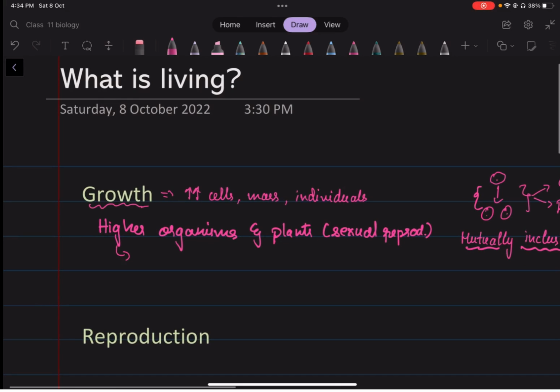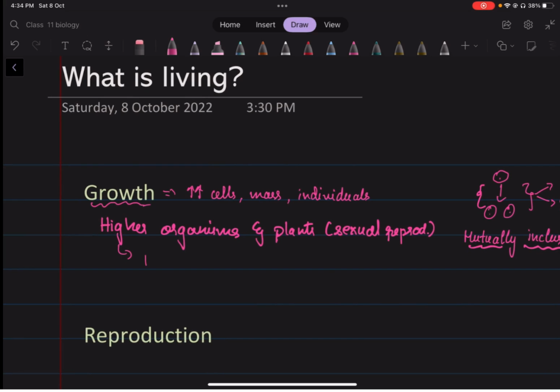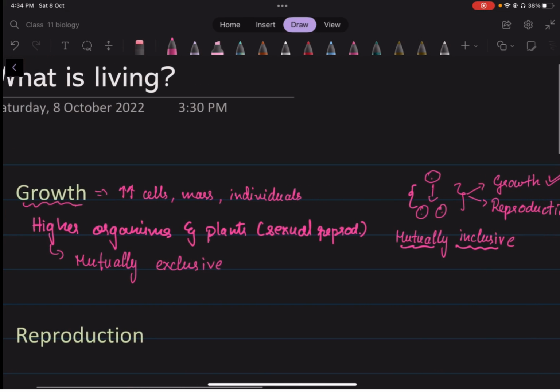In such organisms, these are mutually exclusive. What are mutually exclusive? Growth and reproduction, right? Growth and reproduction are mutually exclusive. That means they refer to different things, right?